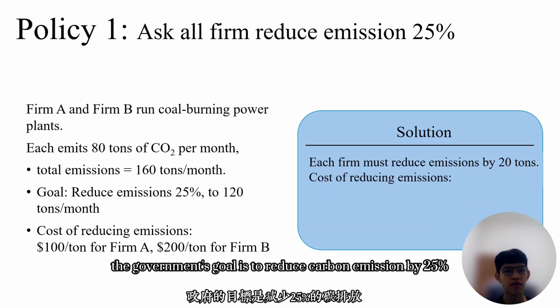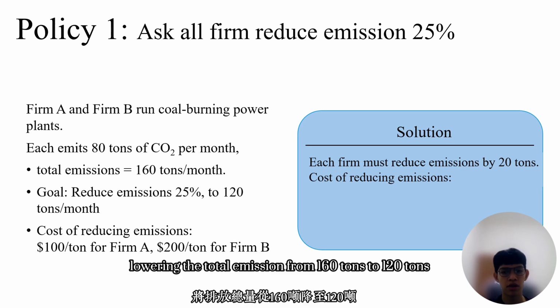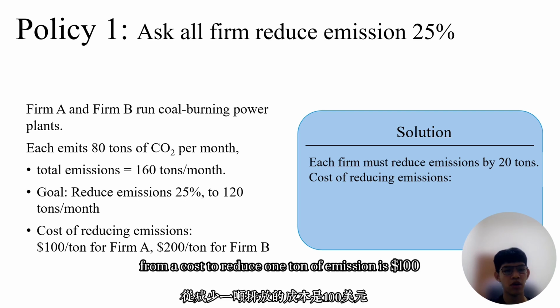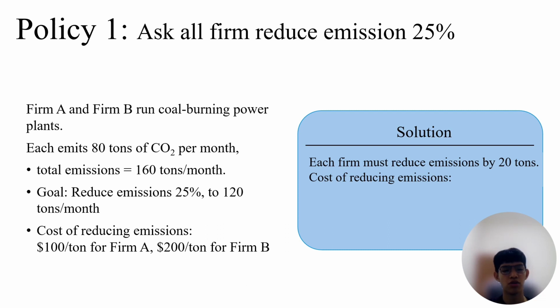The government's goal is to reduce carbon emission by 25%, lowering the total emission from 160 tons to 120 tons. Firm A's cost to reduce 1 ton of emission is $100. Firm B's cost to reduce 1 ton of emission is $200.